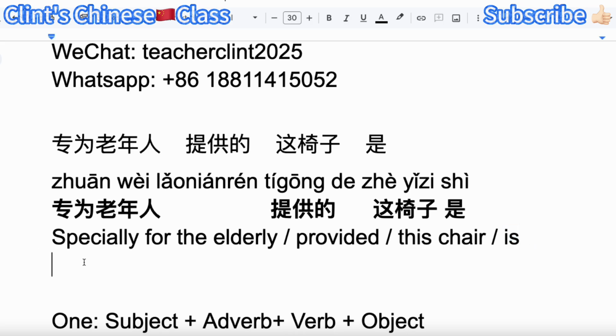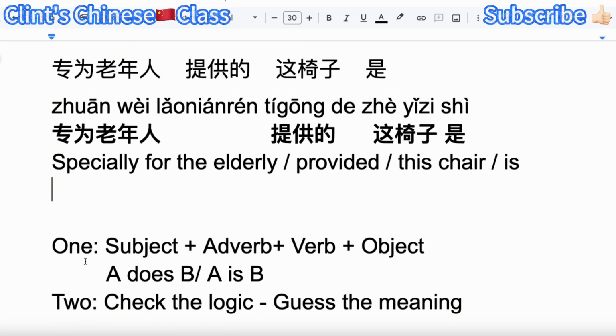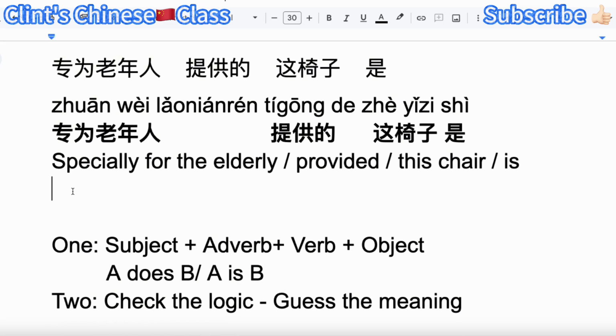All right, now let's try to construct the sentence. The two steps you need to follow. Number one, usually the sentences will follow this structure, which is subject, verb, object. Like somebody does something. For example, A does B, because A can also be something.